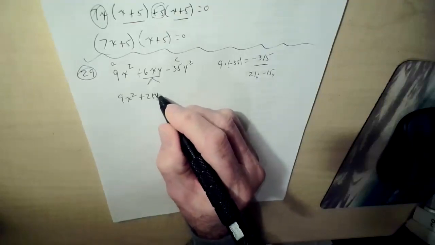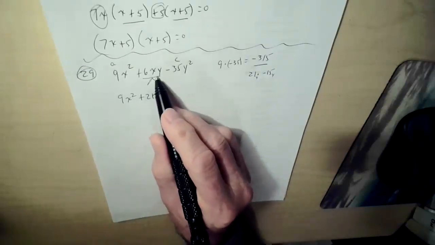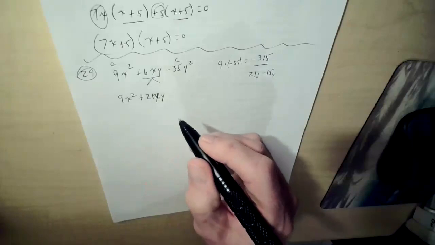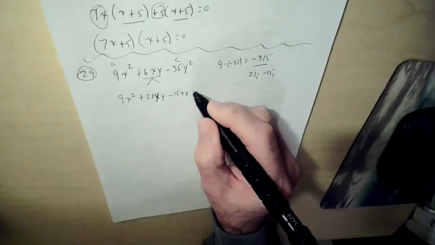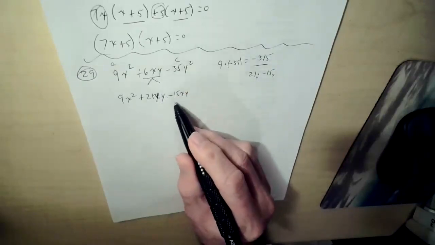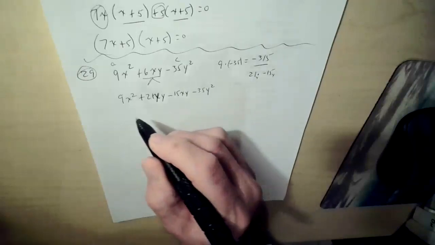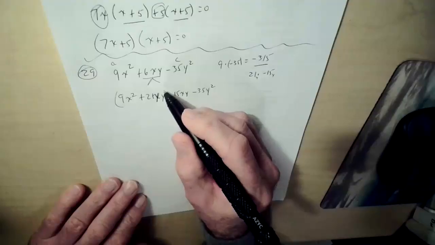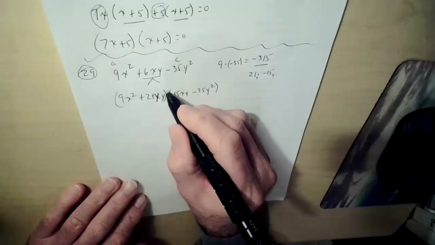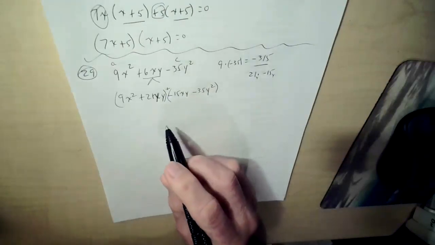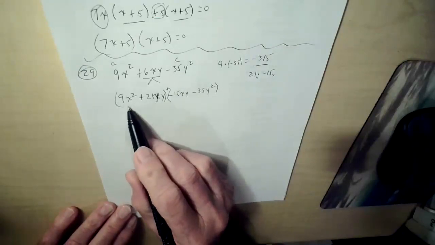Plus 21xy, because we're splitting this term up into these two. 21xy minus 15xy. This is the same thing as this. Minus 35y squared. Now we group them together here and here. There's a plus in here.